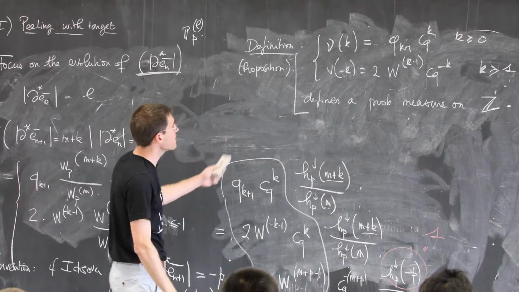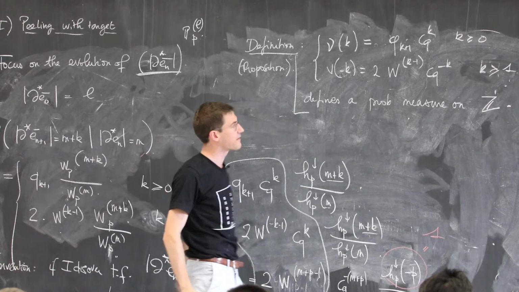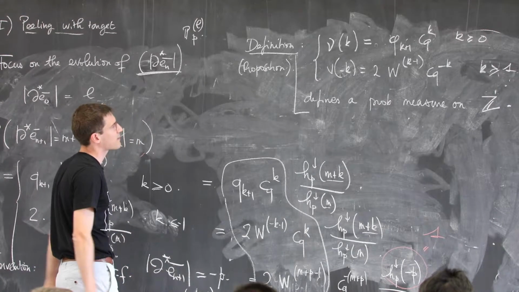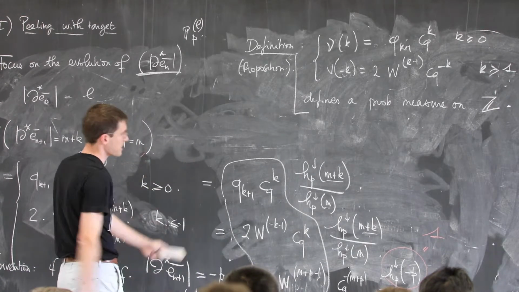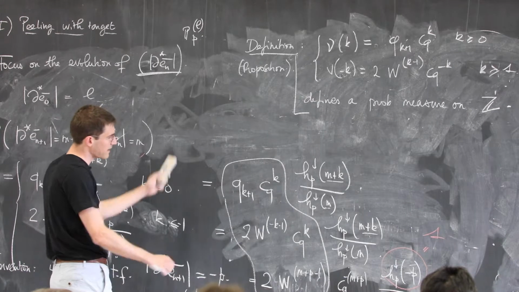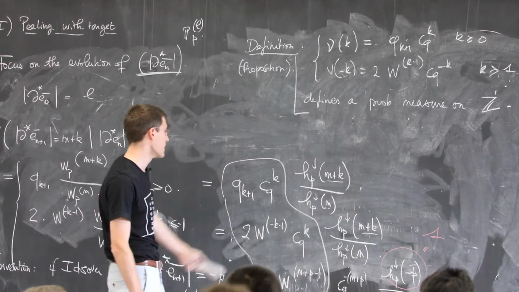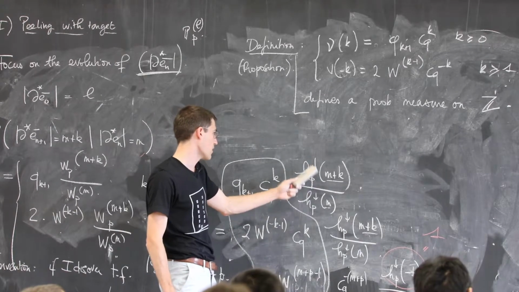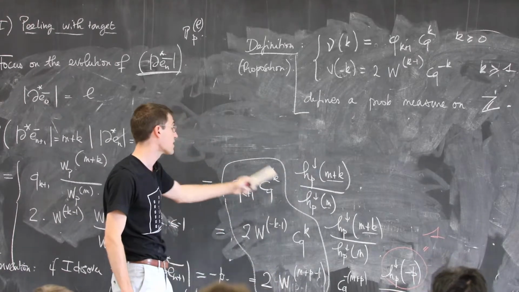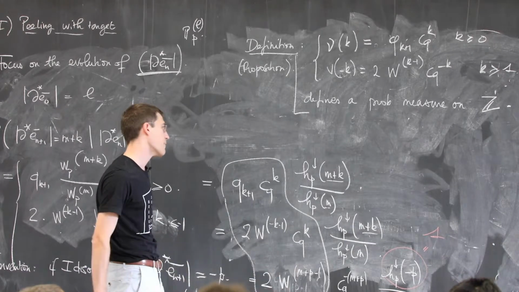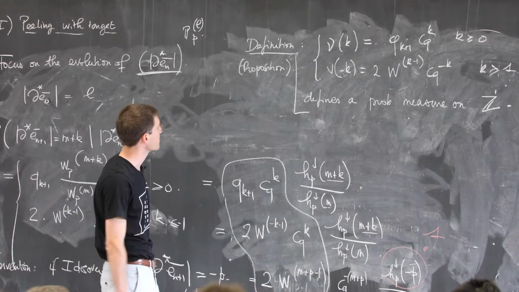You have to believe me that it is actually a probability measure on Z. There are at least 3 proofs of it in the lecture notes. Believe me. It's very easy to see by taking limits when m goes to infinity that it is actually a sub-probability measure. The fact that it sums to 1 is a bit more complicated, but believe me.